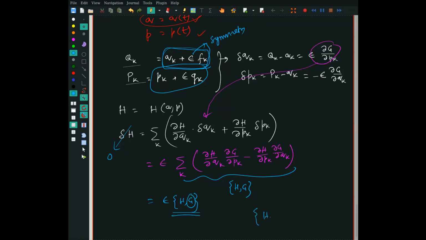So this {H, g} equals 0 if the generator generates a symmetry of the Hamiltonian.